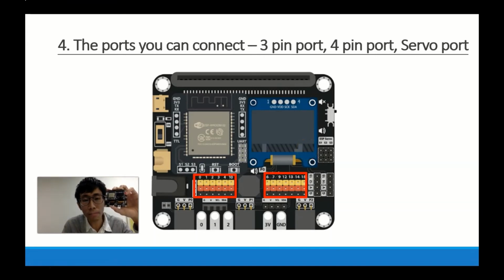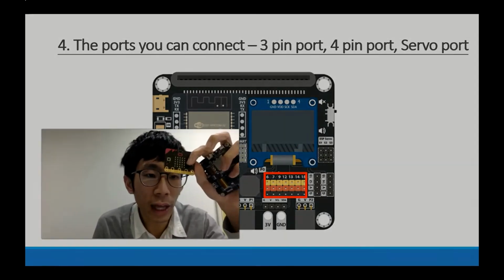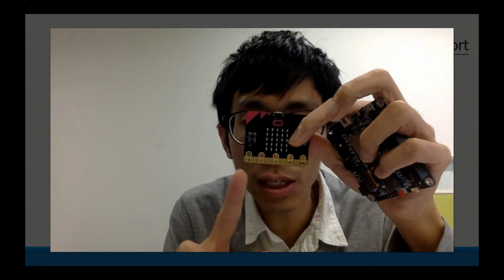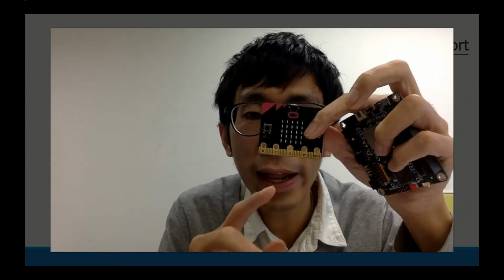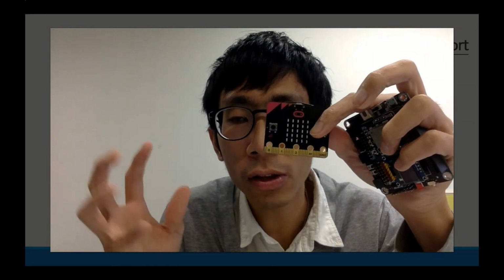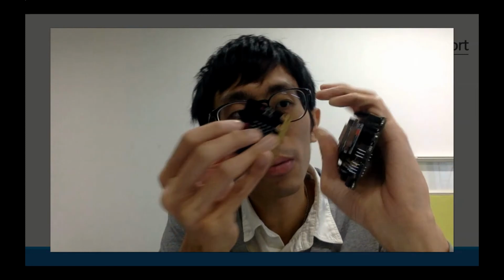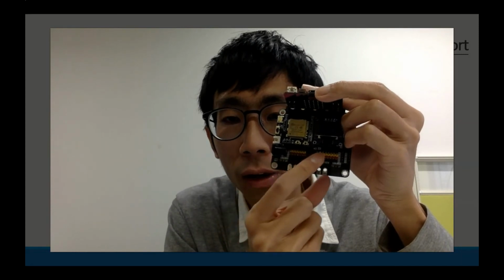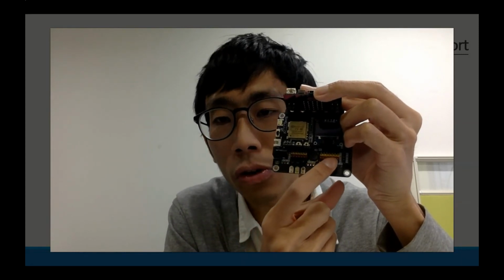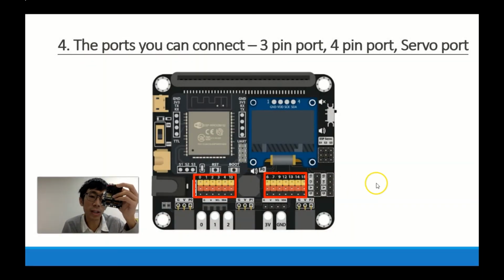All the pins are extended from the micro:bit, because micro:bit has different pins, but you can connect the modules into different pins. However, you cannot use crocodile clips for all of them. So after you insert the micro:bit, you can connect the modules in different places very easily.